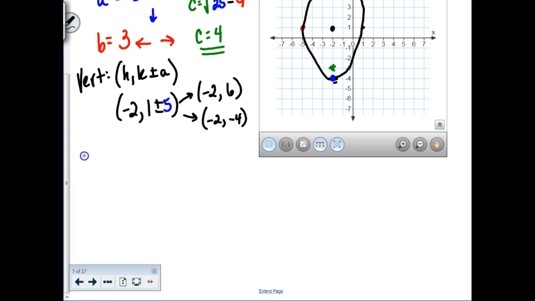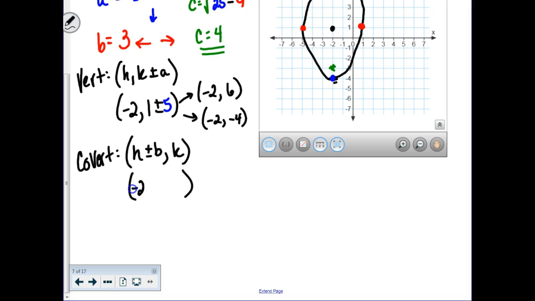All right, now my co-vertices would be the next thing that my teacher would ask me to do on a test. Co-vertices are the endpoints that you plotted on your minor axis, these red guys. So the formula for finding the co-vertices of a vertical ellipse is (h plus and minus b, k).